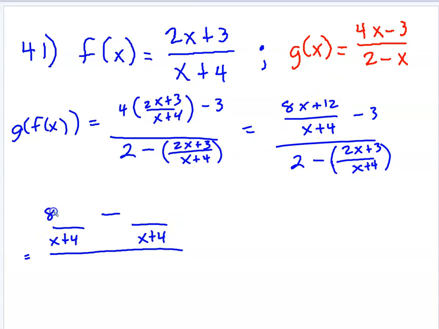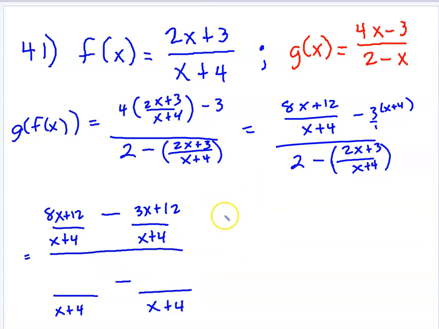So 8x plus 12 isn't going to change, but 1 goes into x plus 4 times, and then you just multiply. So it's going to be 3x plus 12. Same thing down here, common denominator, x plus 4.